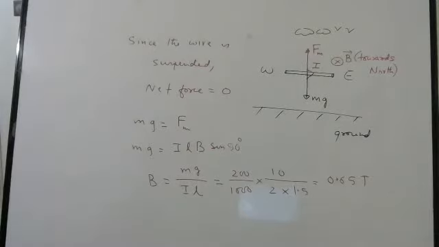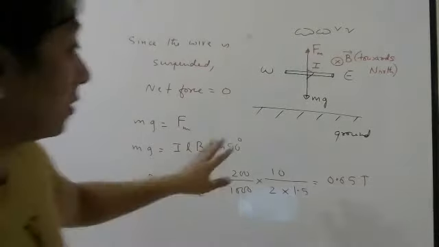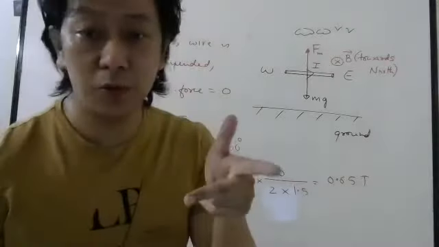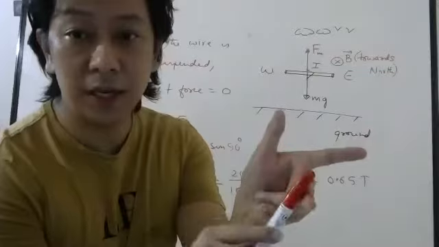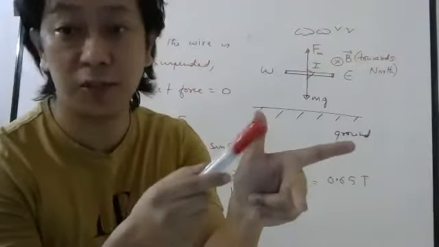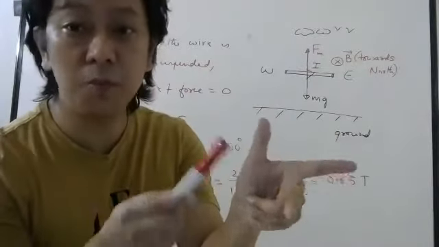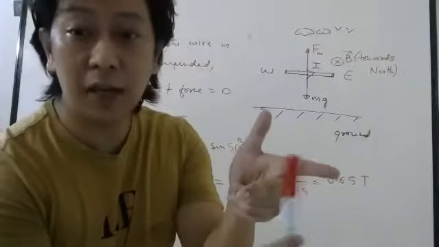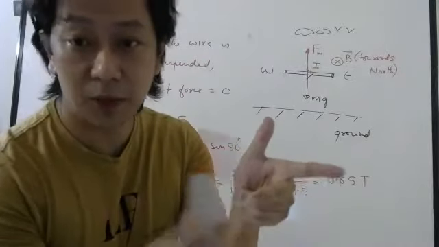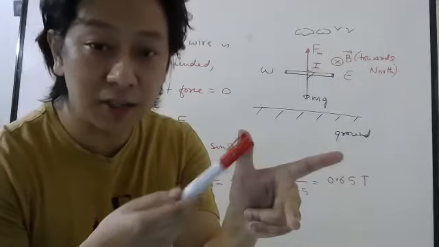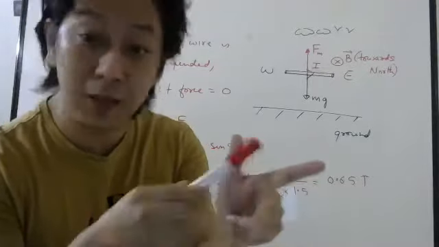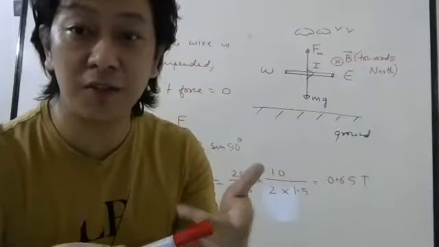Everybody understood the problem? Usually they give you the magnetic field and the current, and you have to find the force and its direction. But sometimes you may want to know the direction of the magnetic field because you know the direction of the force. If you know the direction of any two of them, you can find the direction of the third one.